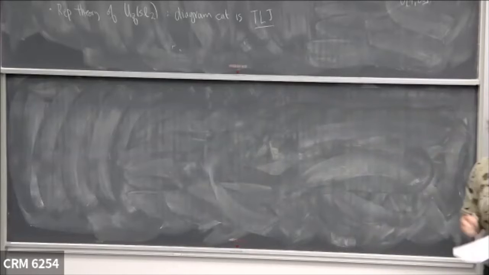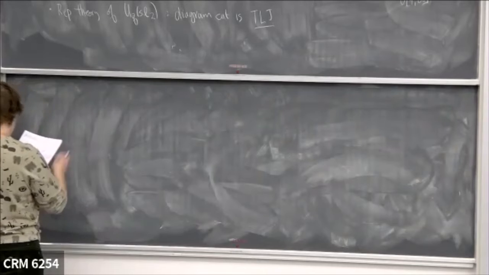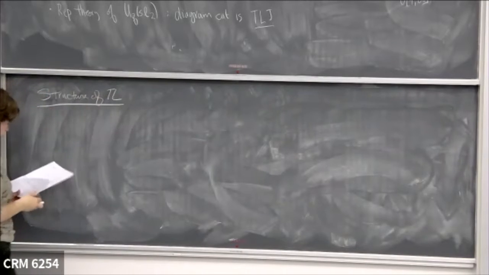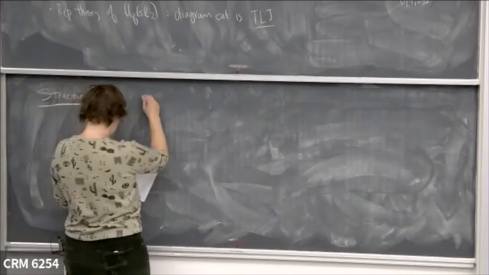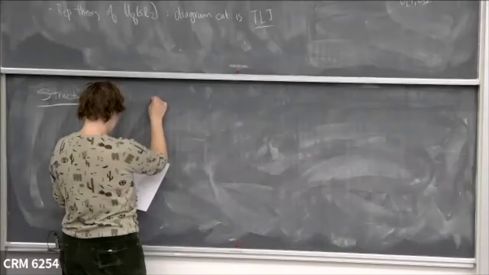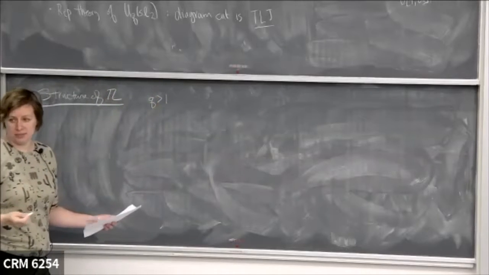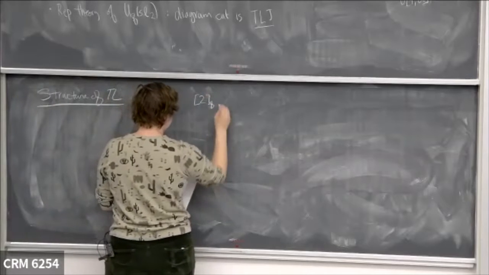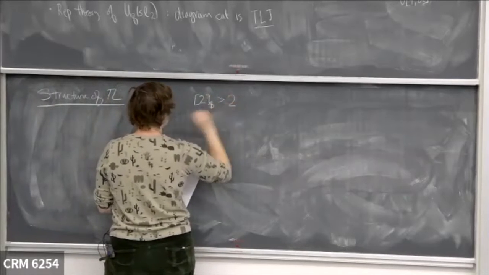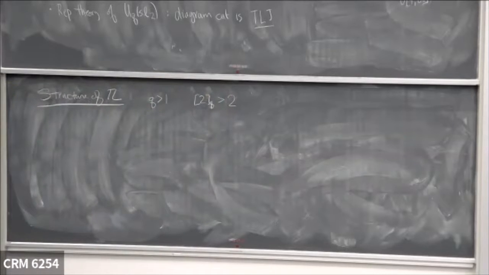So I promised you at least a little bit of the structure of Temperley-Lieb. There are two things to say here. The zeroth thing I will say is that from now on, I'm going to assume that q is a real number greater than 1, so that quantum 2 in particular is greater than 2, but specifically non-zero.